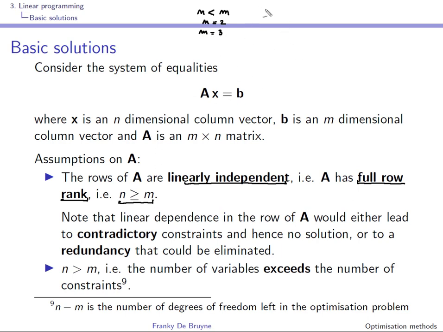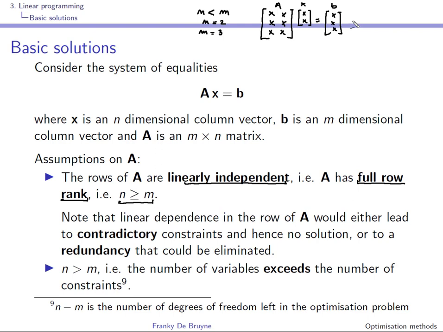So this system of equations looks like this. This is A, 2 columns, 3 rows. x is a column vector with 2 elements, right? And b will be a column vector with 3 elements, right?